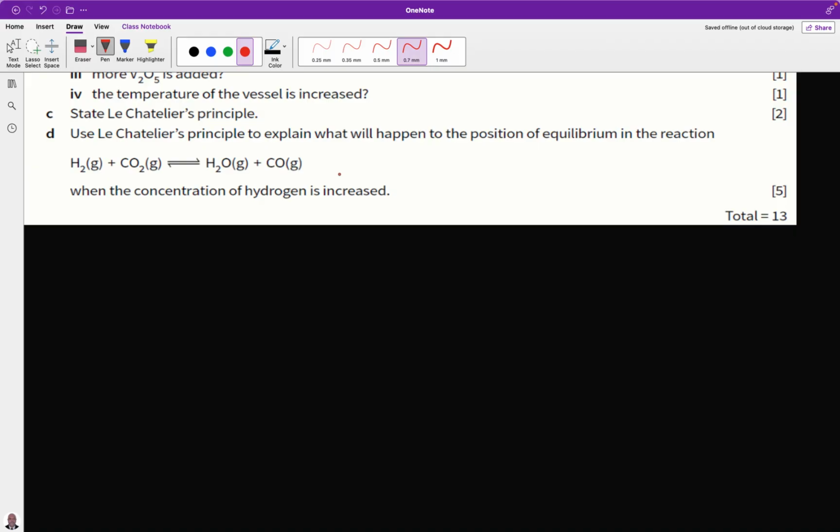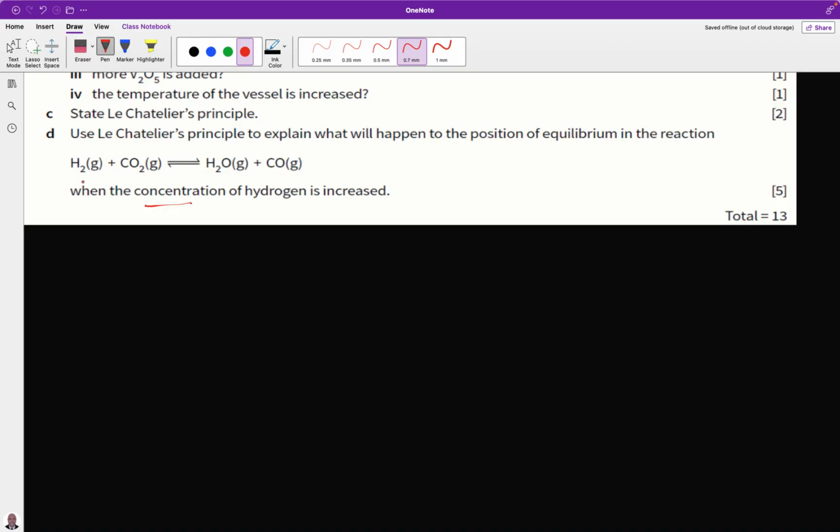But now, concentration is what matters. When the concentration of hydrogen is increased, the equilibrium is no longer there. So to have the equilibrium re-established, we need to do what?